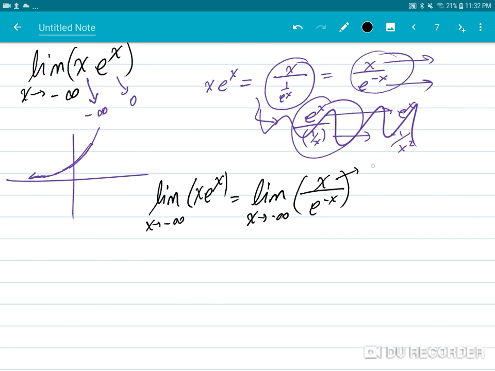Now this goes to minus infinity and this goes to plus infinity, because if you stick minus infinity in for x, that's e to the plus infinity. Now I can apply L'Hopital's rule. The derivative of x is 1. The derivative of e to the minus x is minus e to the minus x.